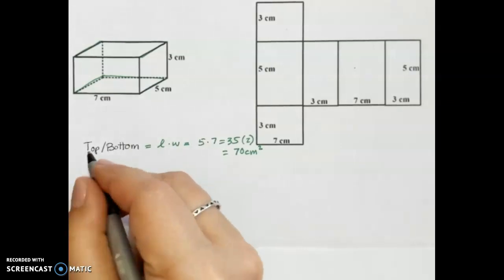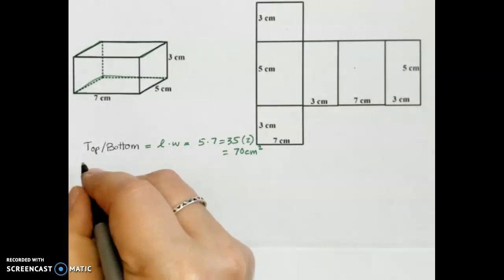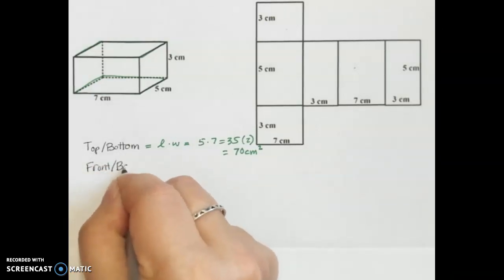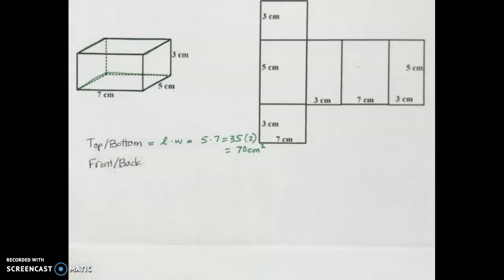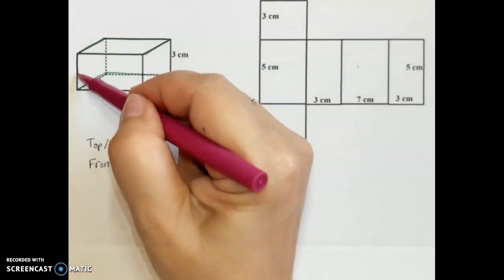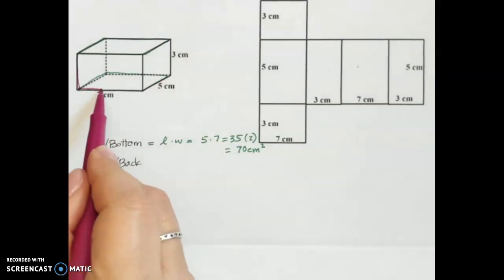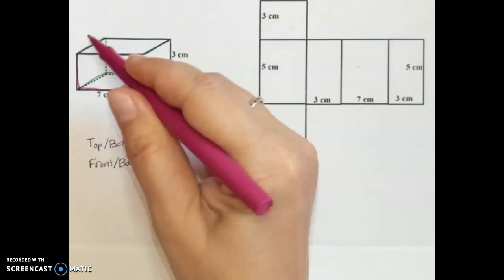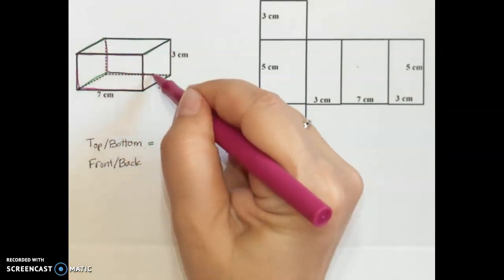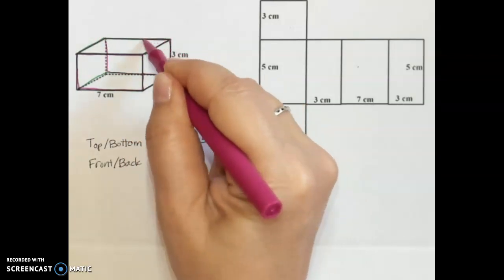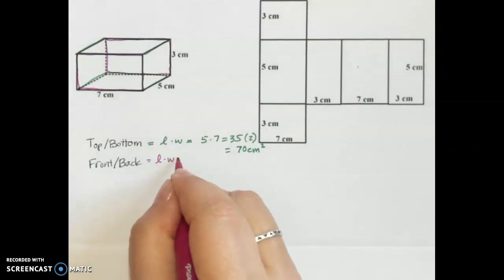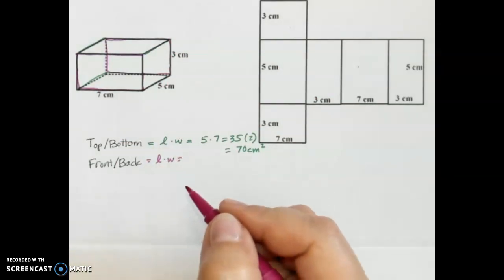Now we also are going to have rectangles at the front and the back that are matching to each other. Now I'm just going to trace those in this fuchsia color. The front and the back are also rectangles, so I'm still going to continue to use length times width.